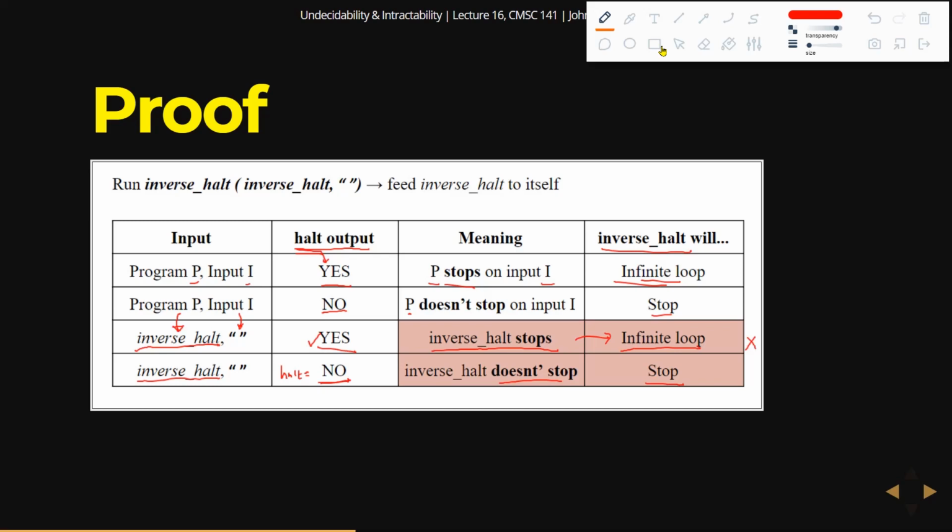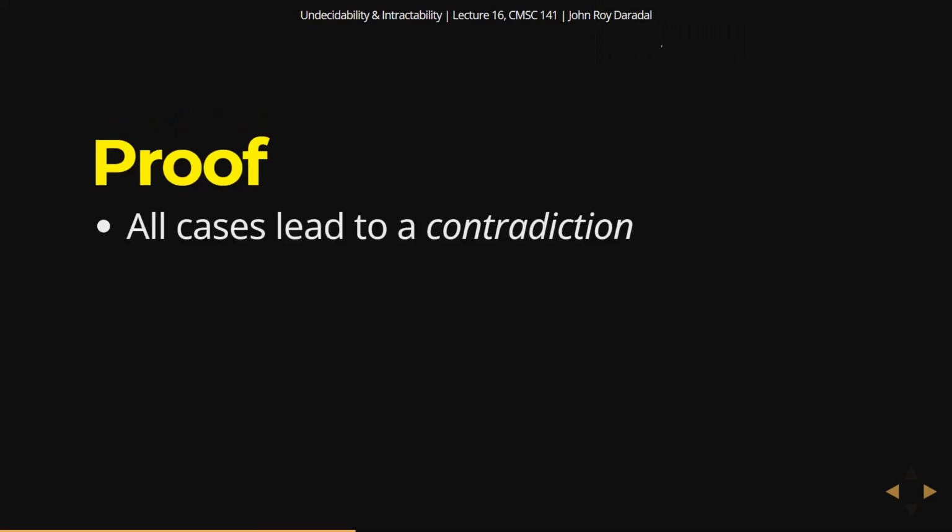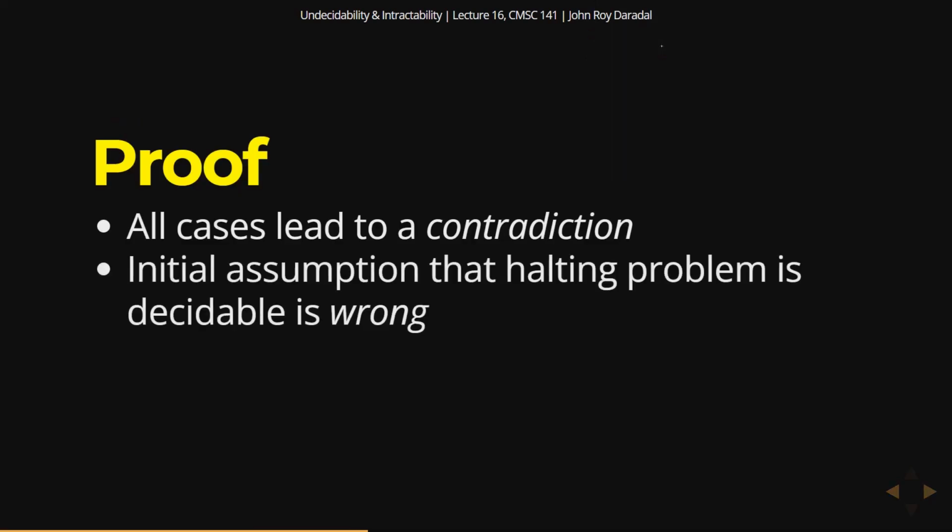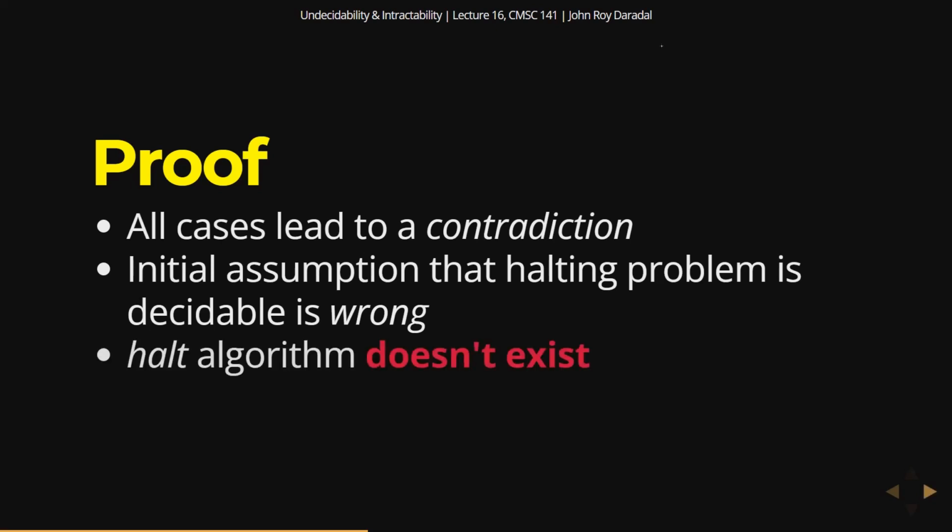So this is also contradicting, because this is saying that it doesn't stop, and then here it says that it stops. So in both cases we saw a contradiction, and that means that the initial assumption that the halting problem is decidable is wrong, making the halt algorithm not exist at all. So making the halting problem undecidable.